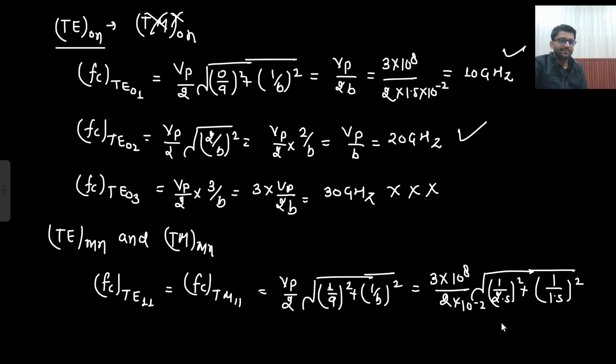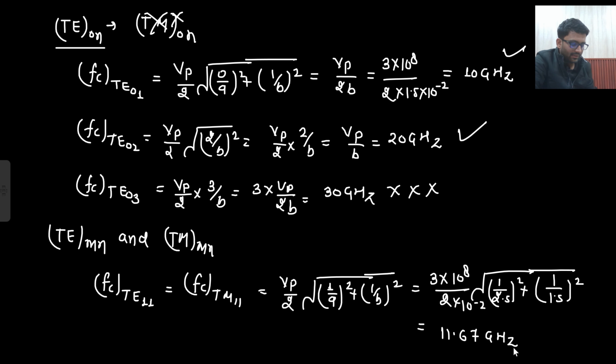Are you getting this point? Did you understand what I did here? This was in centimeter, but we need to put it in meter only. So that's why I am adding 10 to the power minus 2. So what will you get? 2.5 whole square reciprocal plus 1.5 whole square reciprocal, then take the under root. So 11.66, 11.67 gigahertz we are getting.